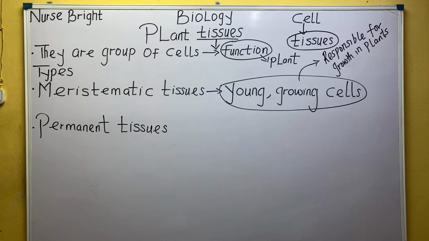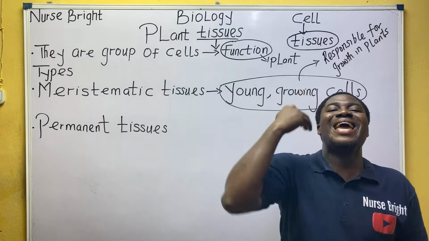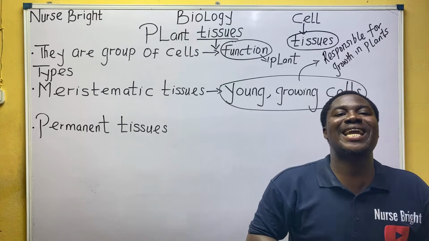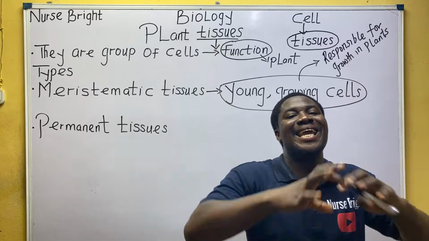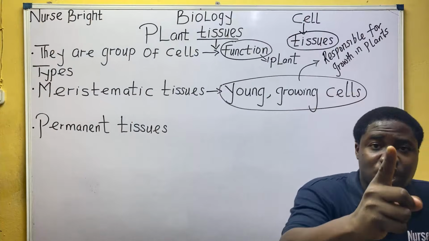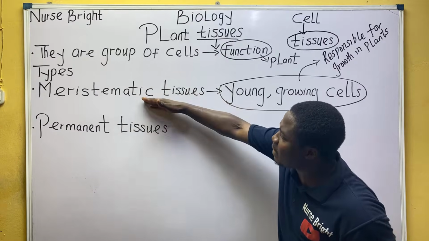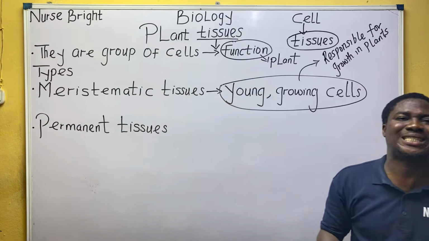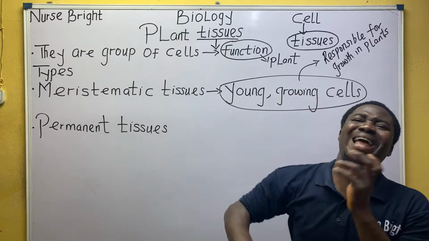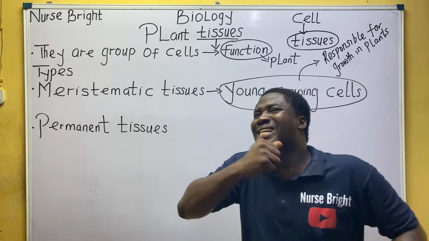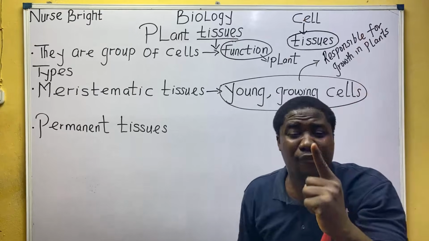So from this information I just mentioned, listen, when a plant grows in size, when a plant increases in length, which plant tissue is involved? Is it meristematic or permanent? It is meristematic. That is what I just said. It is responsible for growth. So whenever a plant increases in length or size, what plant tissue is involved?